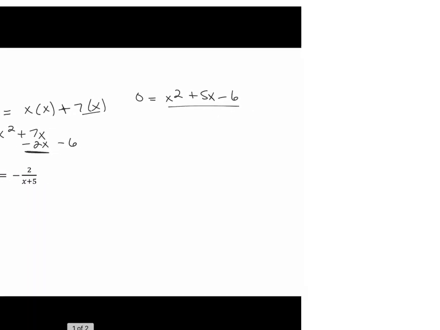And then I want to completely factor this side of the equation. It's a trinomial, so let's see if we can get factors for the first and last term here. They're going to be different signs, so I want to use 6 and 1. The bigger number is positive, so that's going to work there.